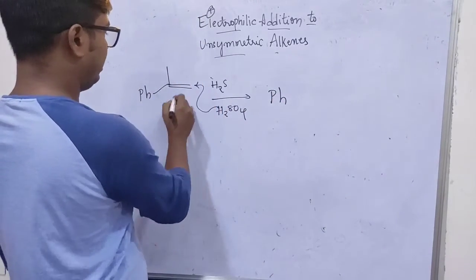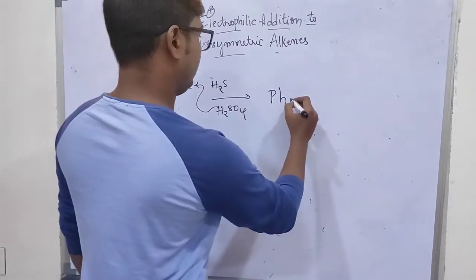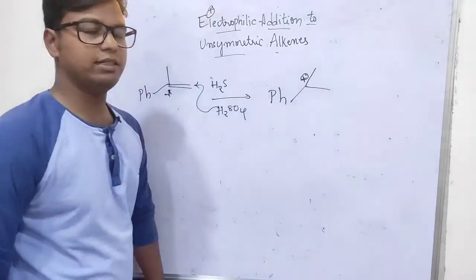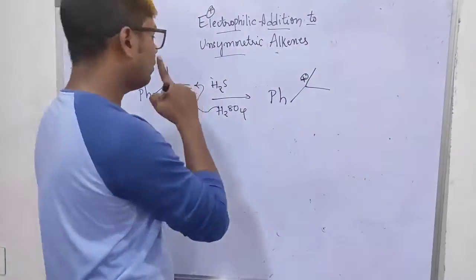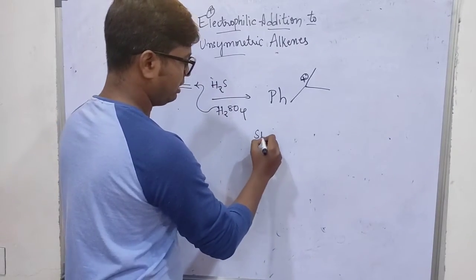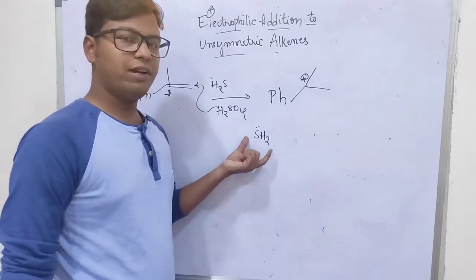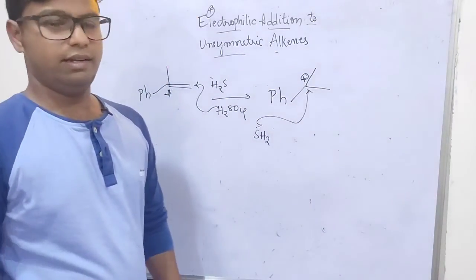Hydrogen is going to attack here and the carbocation is generated at this carbon, right? Carbocation is generated here and the leftover species is this. So now the question is, what is the nucleophile in the system? The nucleophile in the system is H2S, right? It has a lone pair of electrons which is nucleophilic enough to attack this carbocation.